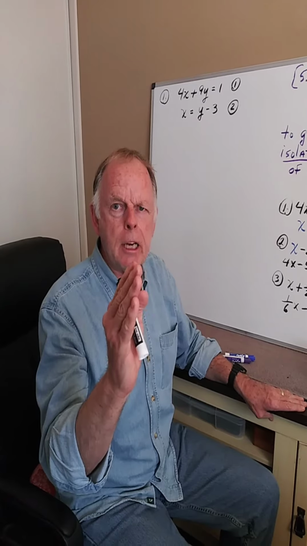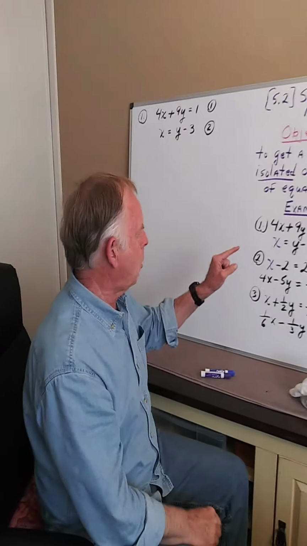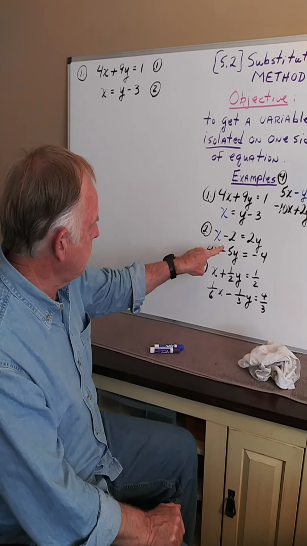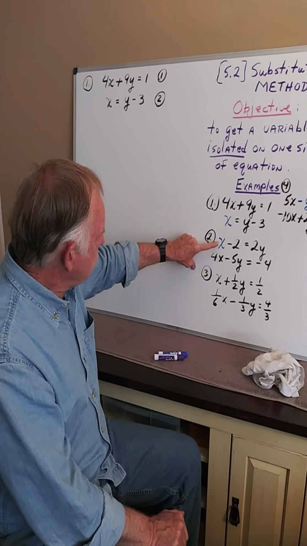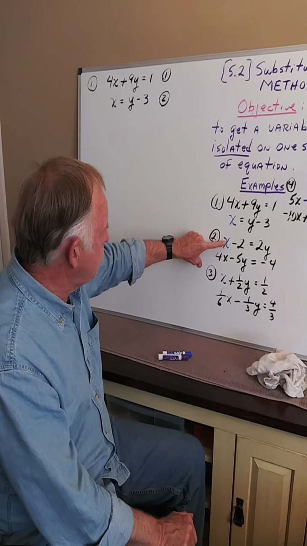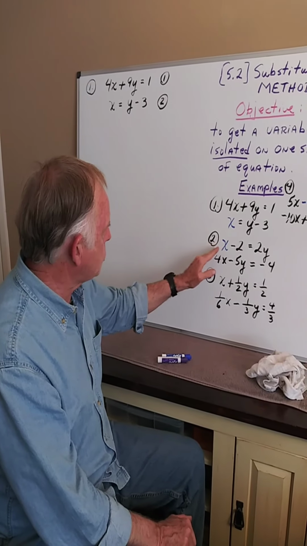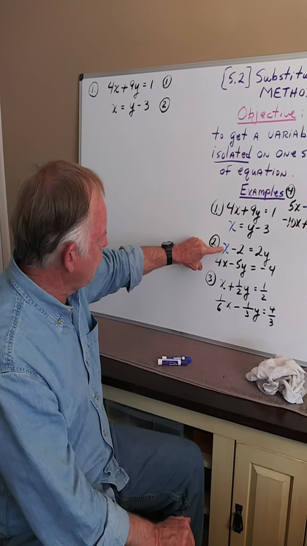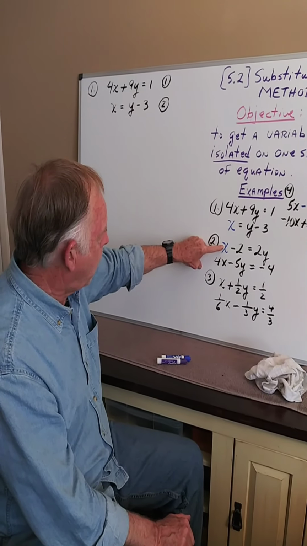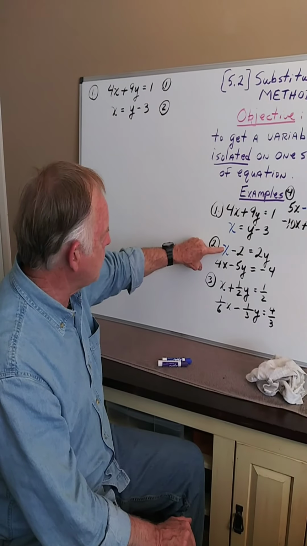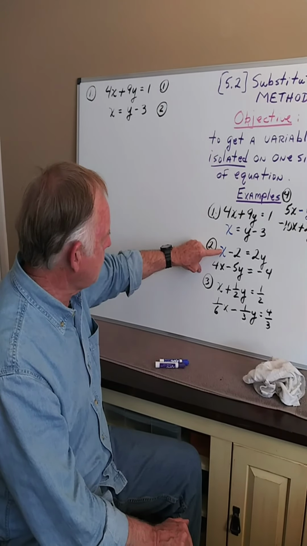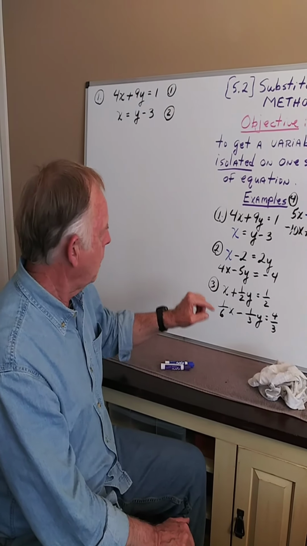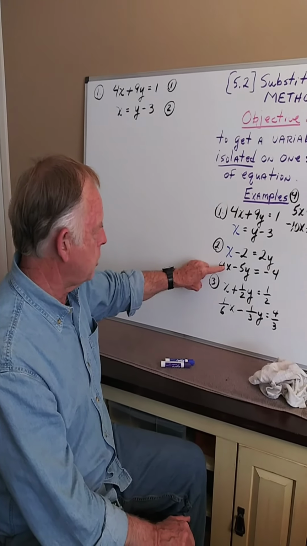What makes an equation easy to solve for one of the letters? On system number 2, the reason we should choose x to solve for is because the coefficient of x is 1. And because it's 1, it can be easily solved for x by just moving the negative 2 over to the other side. You would not want to do this on number 2.